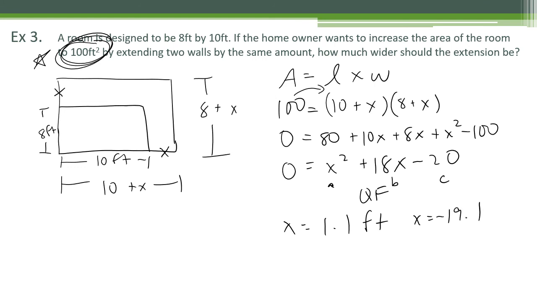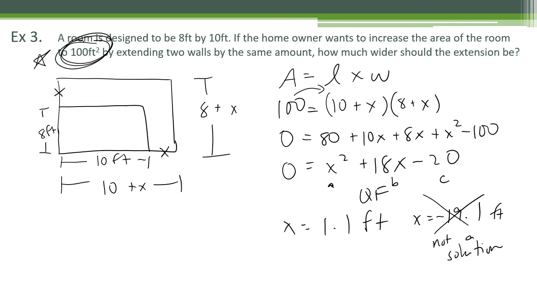To make sense of that, x stands for feet, a dimension, and obviously you can't have a negative amount of feet, so this is not a solution. So that means that if the homeowner extended each wall by 1.1 feet, they would achieve their 100 feet squared room.